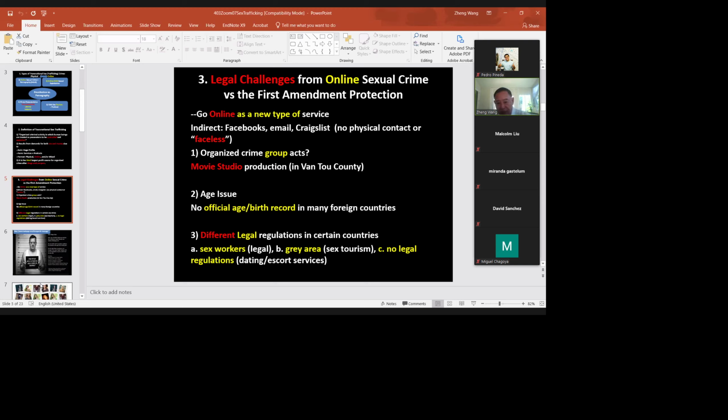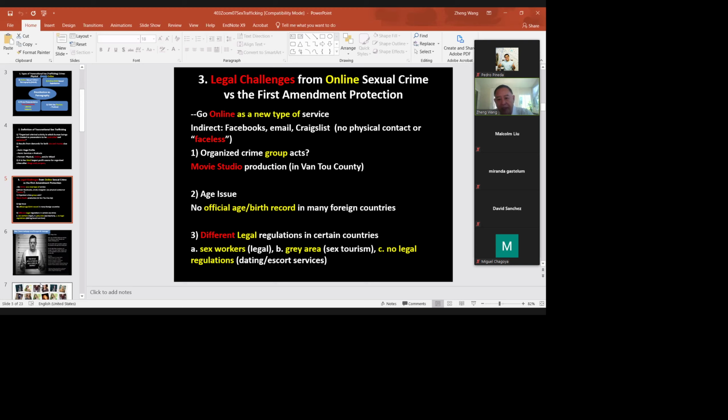So that is a legal sex worker situation. And there are also gray areas, like Miranda mentioned, sex tourism to attract foreigners in certain countries. It's a gray area, meaning so long as it happens in that local street or area, it's okay. The government officials close one eye and open one eye. So that is the gray area in terms of sex tourism.